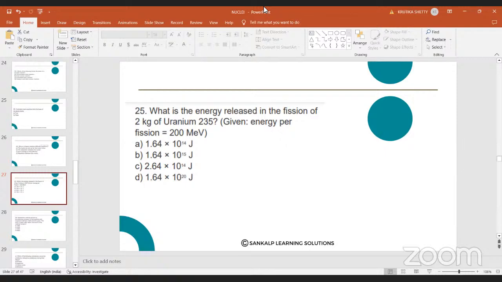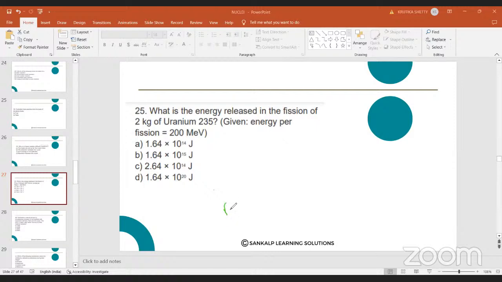Who got the answer? They are saying it is option C. Everybody is getting C. Okay, but just once we will see the solution part, how to do this.